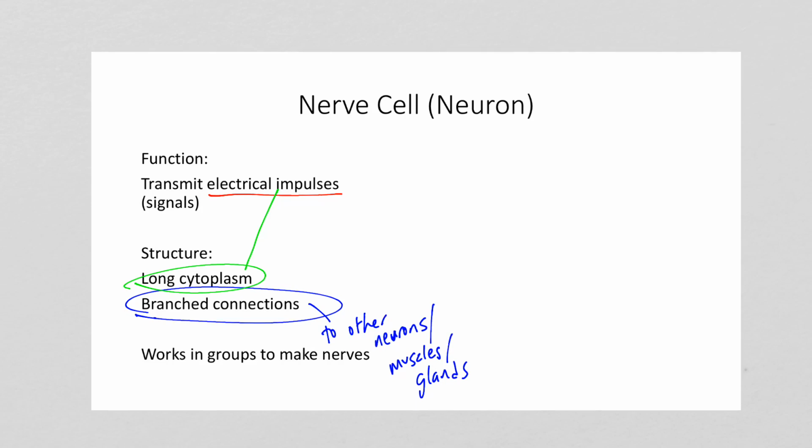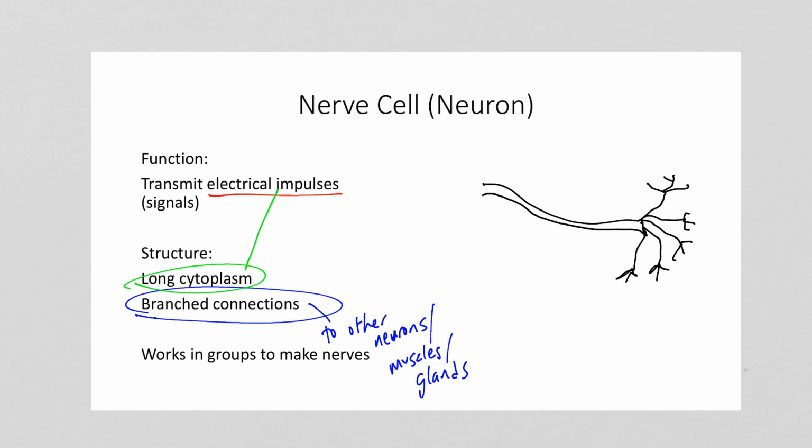So in terms of sketching a nerve cell, you're going to have your long cytoplasm or axon, which is going to terminate in possibly a bunch of branches off to other neurons, or as I said before, to an effector like a muscle or a gland.